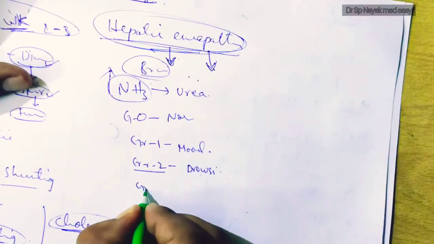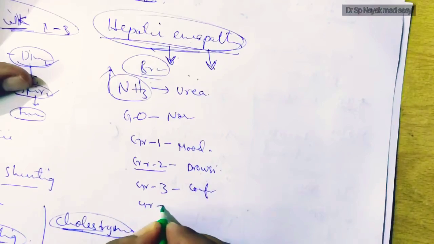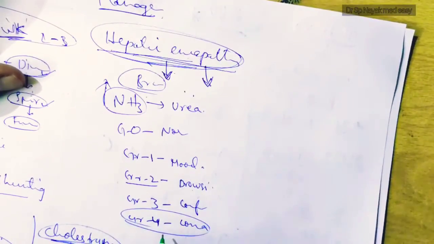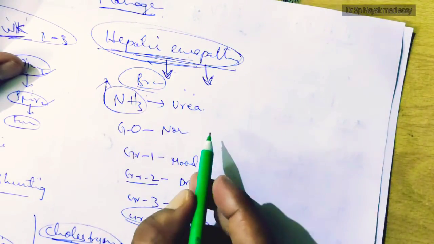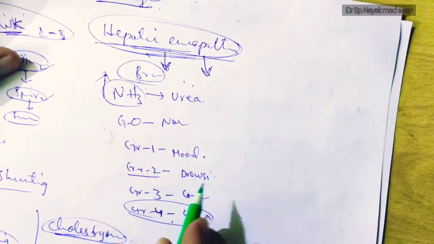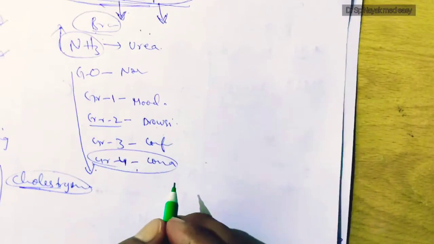In grade 3 the patient will have confusion. And in grade 4, the final stage of hepatic encephalopathy, the patient will go into coma. So grade 4 is very dangerous. Hepatic encephalopathy is associated with dysfunction of the neurons, and the 4 grades have these clinical features.